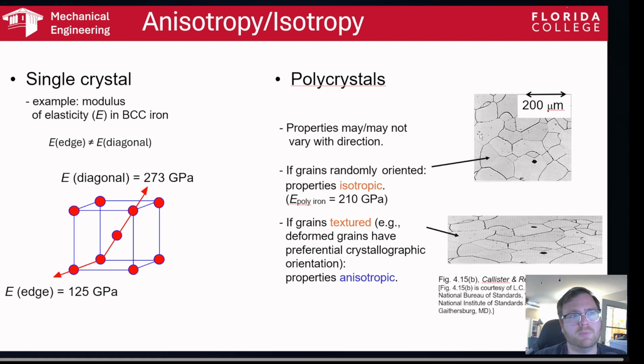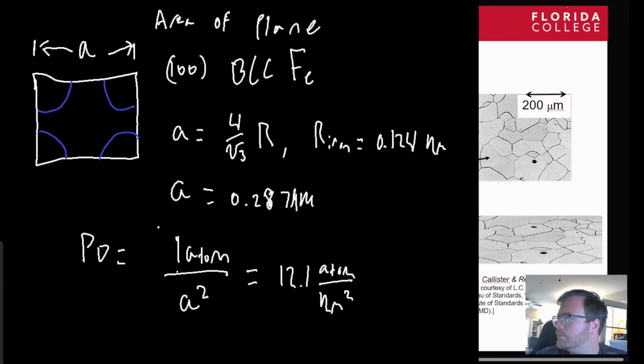Like maybe our Young's modulus is lower overall in every direction, but it's way cheaper to make this stuff than growing it all from a single crystal, and also because it's just convenient. Okay.